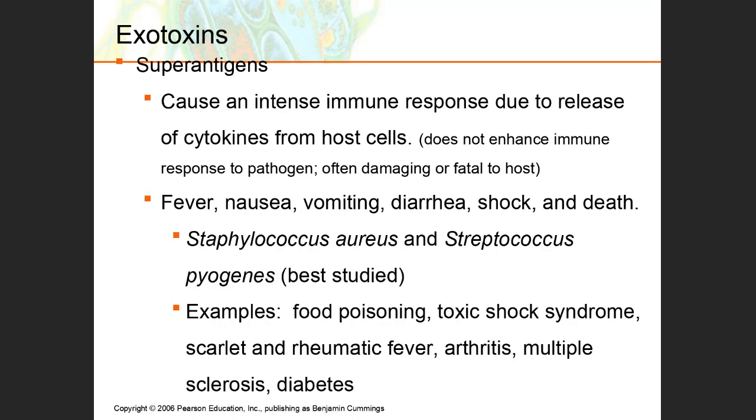enhance and stimulate the immune response. But you don't need to produce a lot of these chemical mediators. So a little bit goes a long way. A massive release of chemical mediators actually causes damage. And the reason why, we talked about this in particular with regards to a cytokine storm.